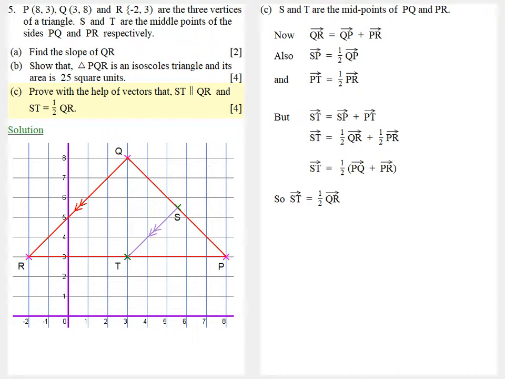Now if one vector is a multiple of the other vector, they're parallel. So that tells us the line ST is parallel to the line QR. And also, because one vector is half the length of the other, we have the length ST is equal to half the length QR as required.